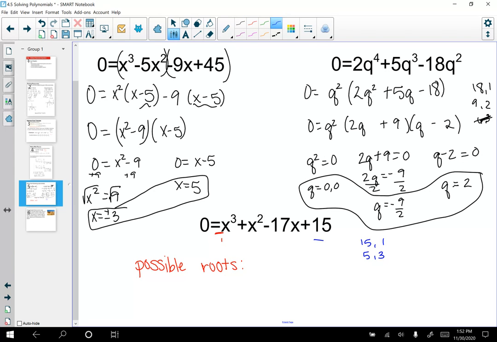They are plus or minus 15 over 1, plus or minus 1 over 1, plus or minus 5 over 1, and plus or minus 3 over 1.